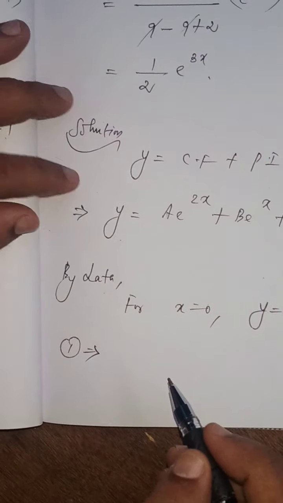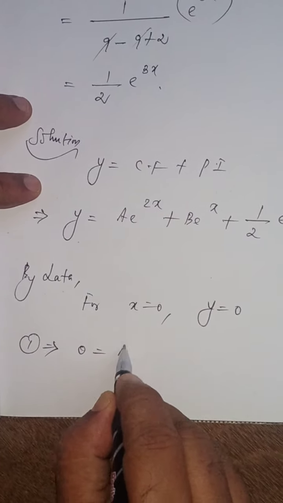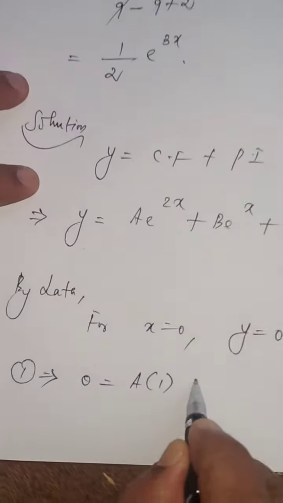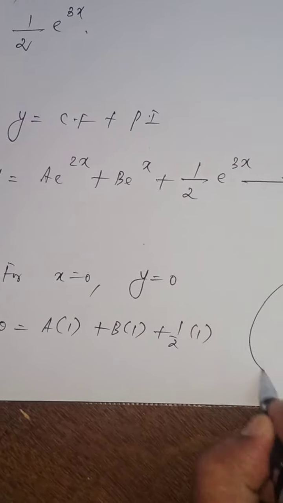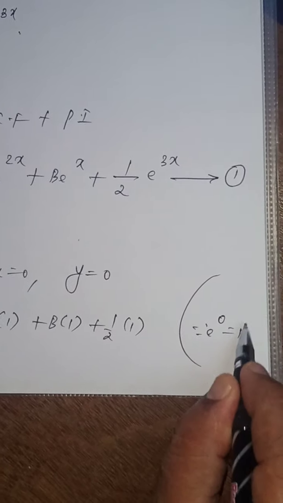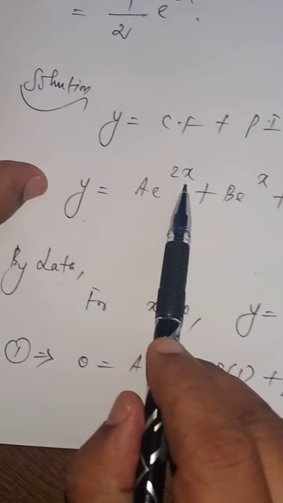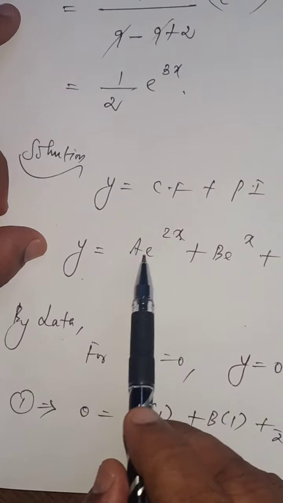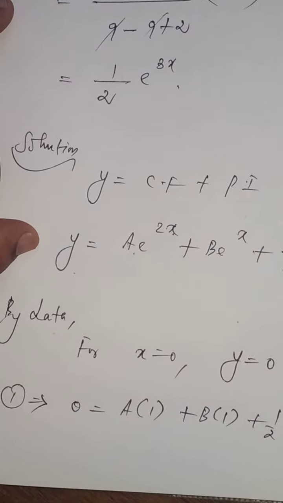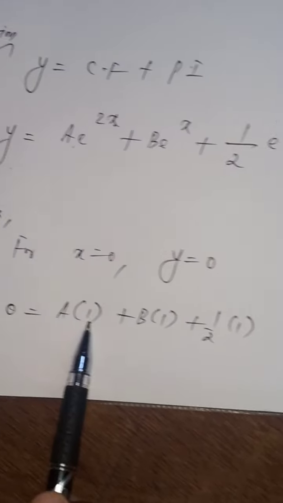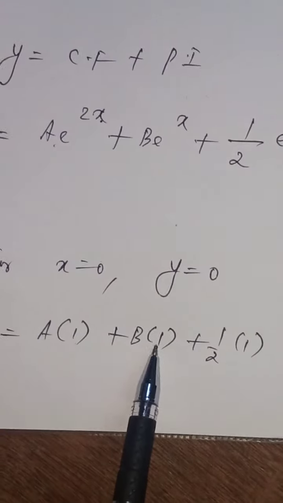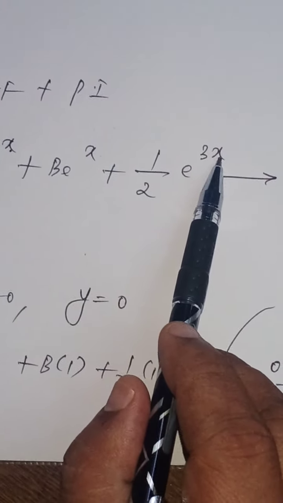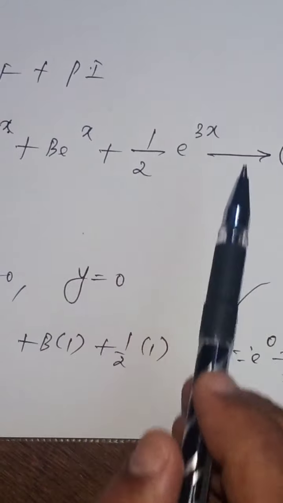This implies y equal to 0, a into 1 plus b into 1 plus half into 1, since e power 0 equals 1. Listen, if you replace x by 0, 2 into 0 is 0, you will be getting e power 0. E power 0 value is 1. Here also, if you replace x by 0, you will be getting e power 0, whose value is 1. Replace x by 3 into 0, 0, e power 0, value is 1.